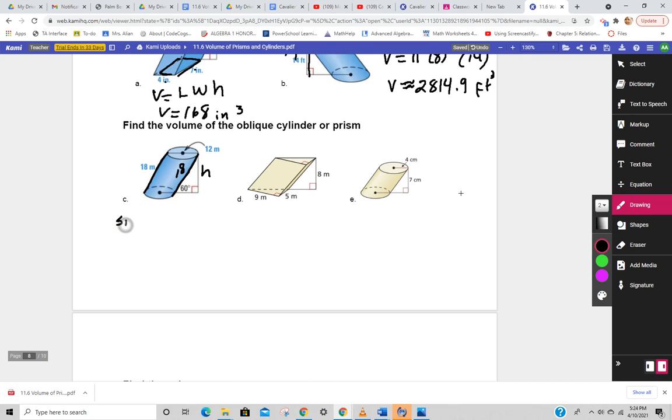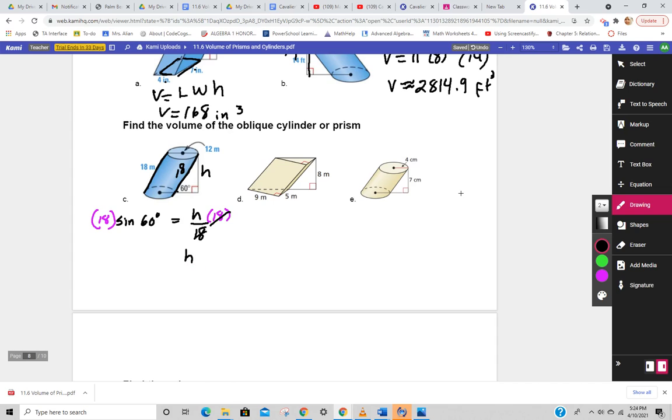So we can say the sine of 60 degrees, sine of this angle right here is height over hypotenuse. So that would be h over 18. Multiply both sides by 18, and we're going to get the height.